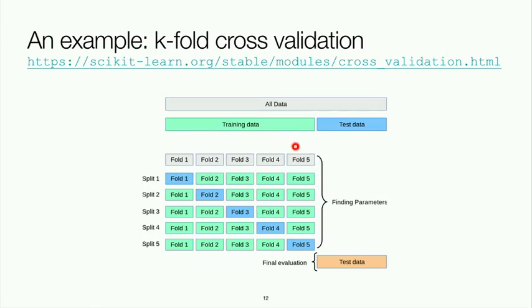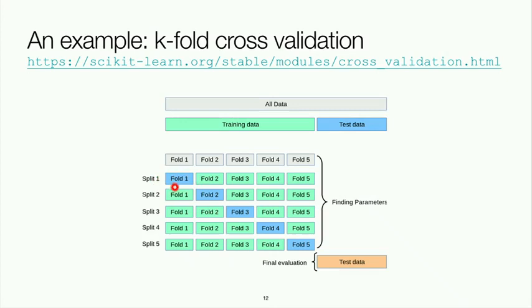So I split my training data into 5 different pieces, and now I want to evaluate a single setup. I'm going to evaluate one setting of my model plus my hyperparameters, in order to understand, is that a good setting, or am I going to be overfitting if I do that? How do I do that? I'm going to repeat training 5 times, where each time there's a different fold that's my validation set.